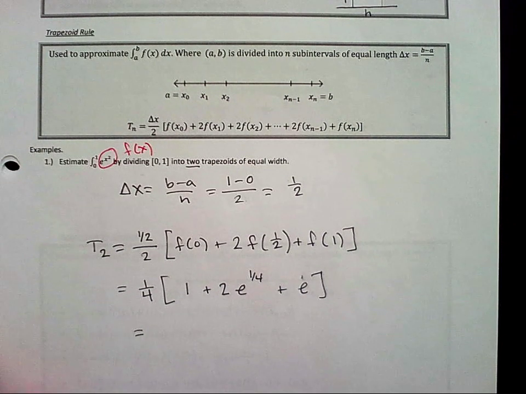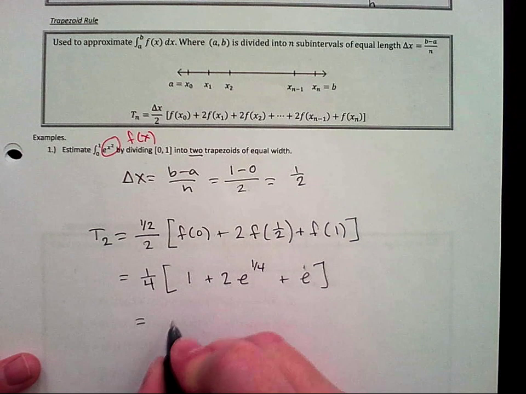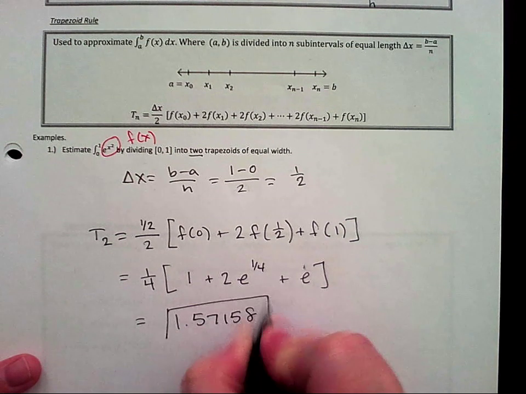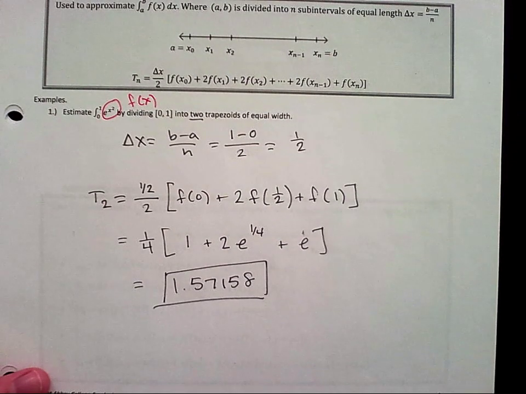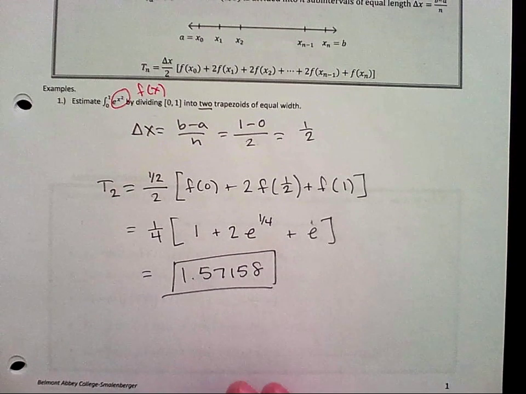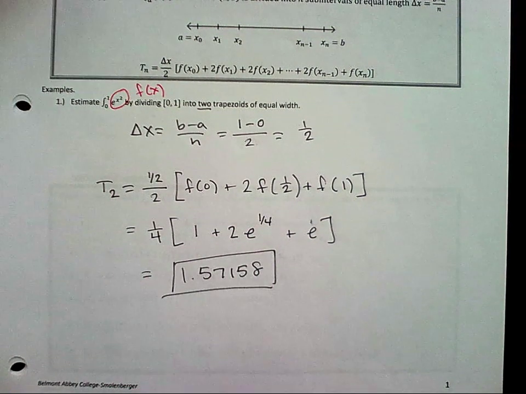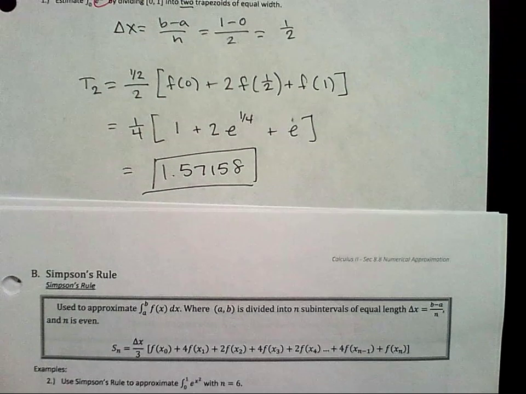Yeah, it's super ugly. I don't think you can simplify this any further. I think I got 1.57158, something, something, something, right? I can't algebraically make this look nicer. Just ugly. All right, so that's the trapezoid rule.